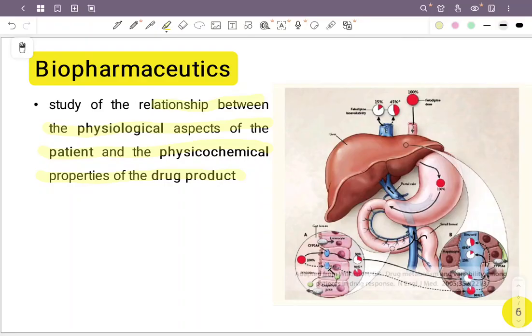So, in summary, biopharmaceutics studies the relationship between the physicochemical properties of the drug, its biological fate in the body after administration, or basically our ADME, and the resulting pharmacological action of the drug.